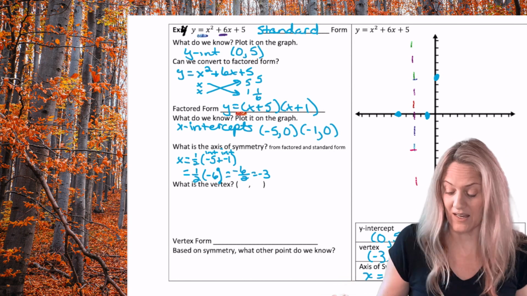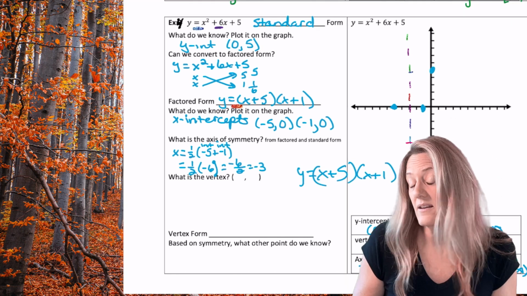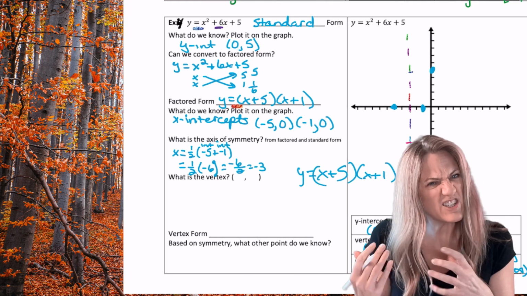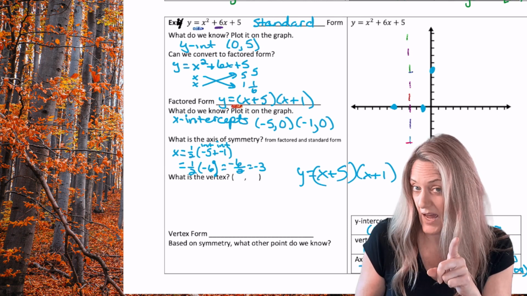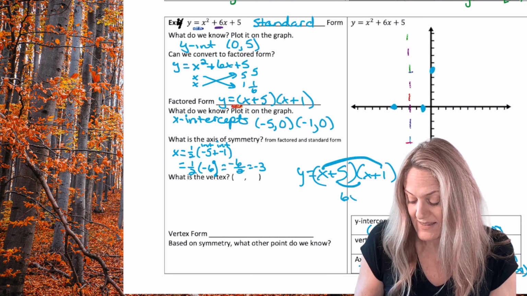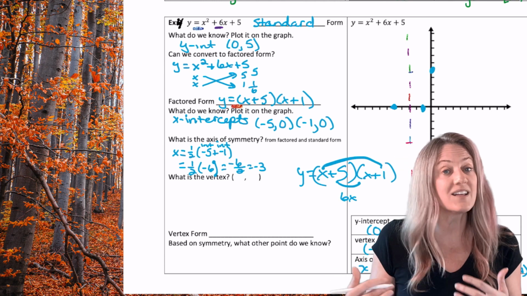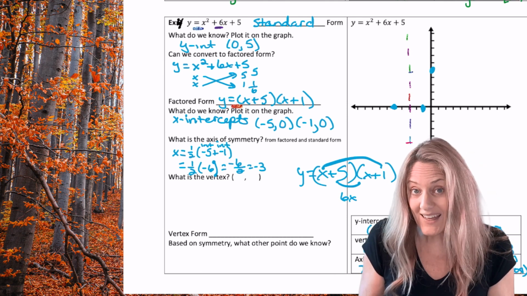Inside opposite. So take a look at our factored form. When I have y equals (x plus 5)(x plus 1), and I just want to look at that middle term, right? Because the 5 and the 1 give me the x-intercepts. So I'd have 5x and 1x, so that would give me my 6x in the middle. But it doesn't account for taking the opposite. So that's why I would need -b.